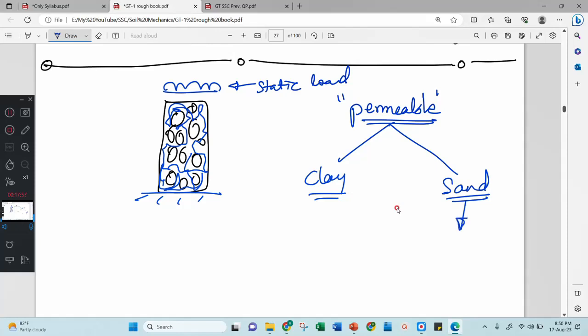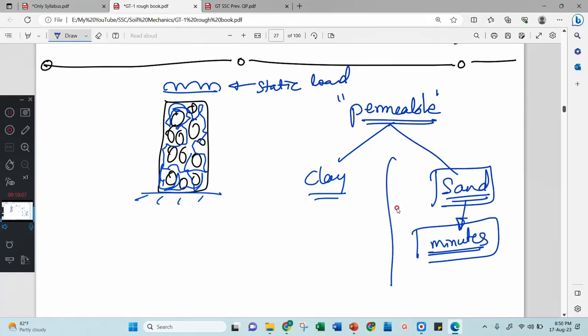In sand, we can measure the time in minutes. It will take only a few minutes to expel all the water from the sand. Therefore, the consolidation process is not studied for sand. Because it takes hardly a few minutes, and after that the water has escaped and you get whatever settlement. That settlement is considered the initial settlement, not a consolidation settlement, because of the high permeability the water escapes before the load is fully applied.